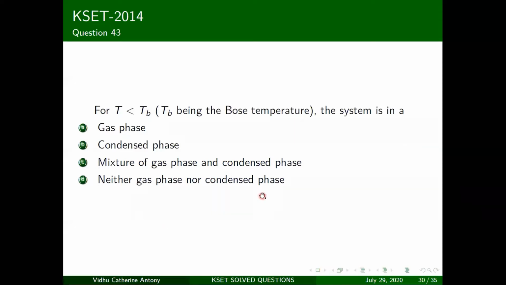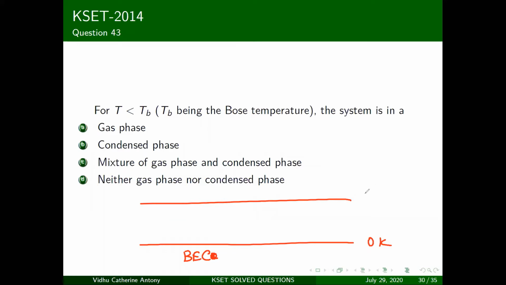We have to be a little more careful when we are talking about this, because there are two things that we have to look at. One is at 0 Kelvin, you end up getting a Bose-Einstein condensate, BEC. At 0 temperature, it's completely a Bose-Einstein condensate. But then there is a critical temperature at which the gas starts to condense.